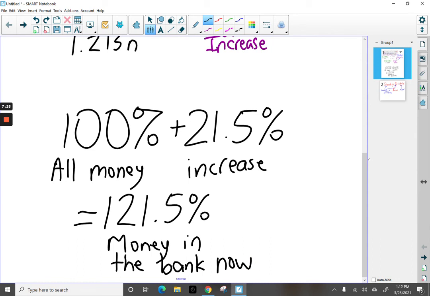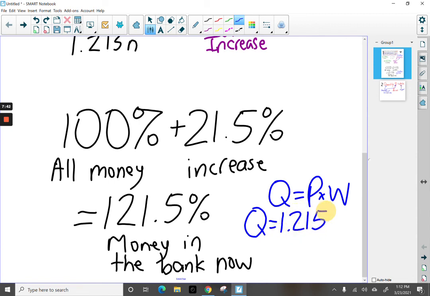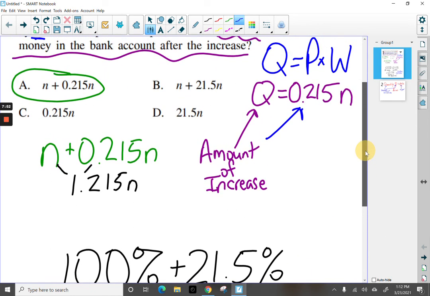And we can take this number, and when we are setting up our formula, we can use that percent instead: 121.5% times my original amount. And that is going to also require a little bit of solving, because none of these answer choices match that.